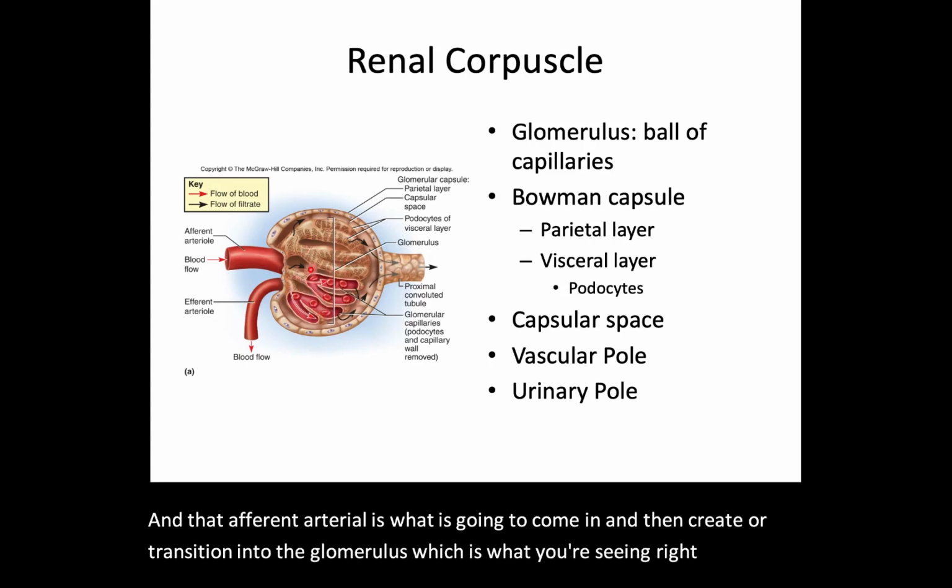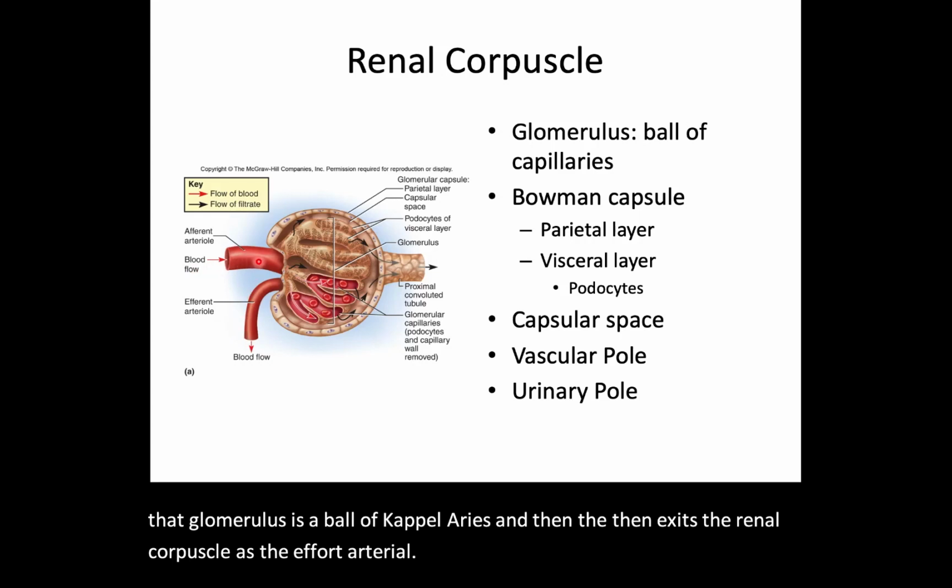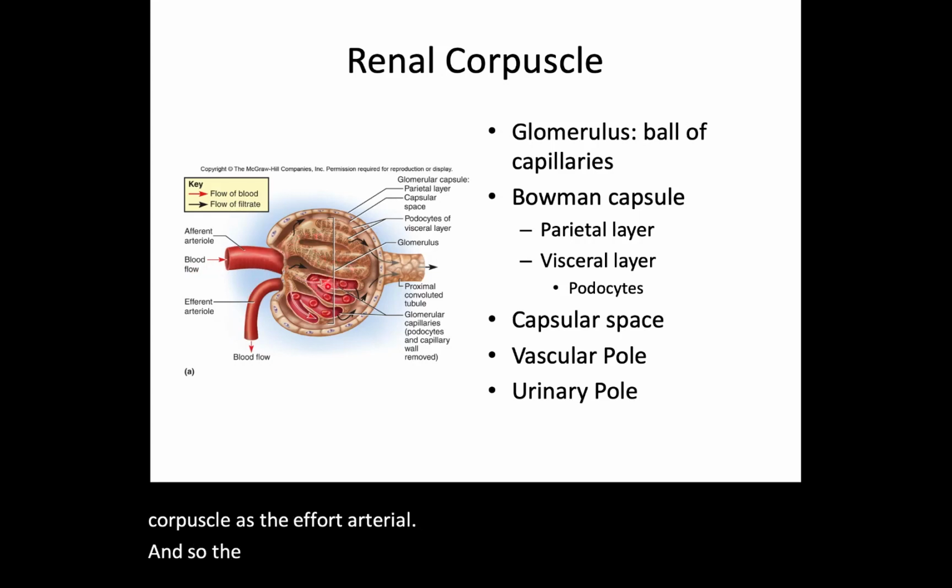That glomerulus is a ball of capillaries, and it then exits the renal corpuscle as the efferent arteriole. So the afferent transitions into the glomerulus and exits the renal corpuscle as the efferent arteriole.